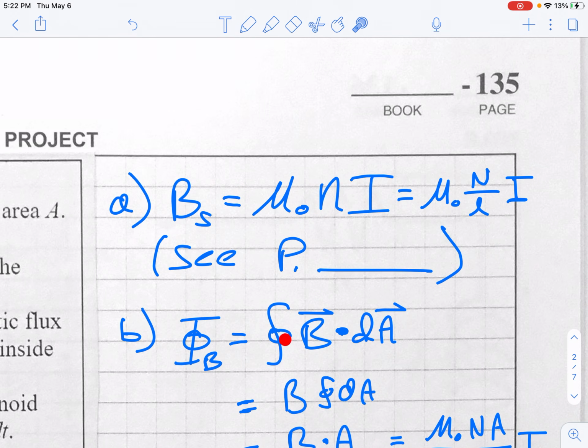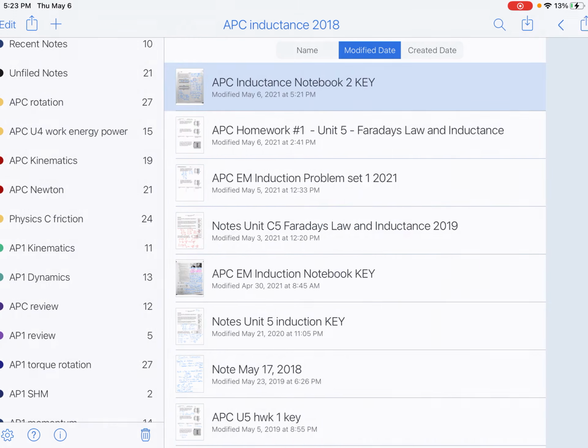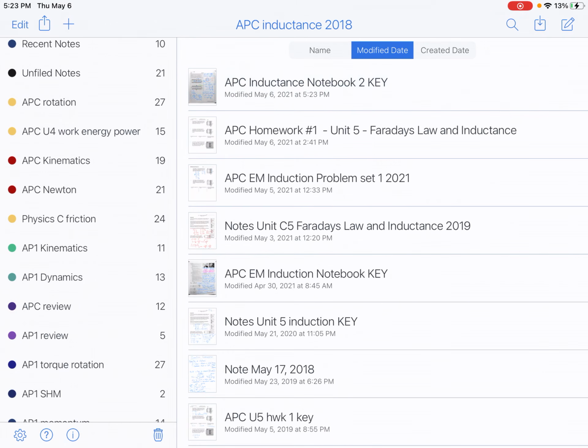This is a surface integral, but it's not a closed surface. Actually, I'm not sure that should be there. Should it?